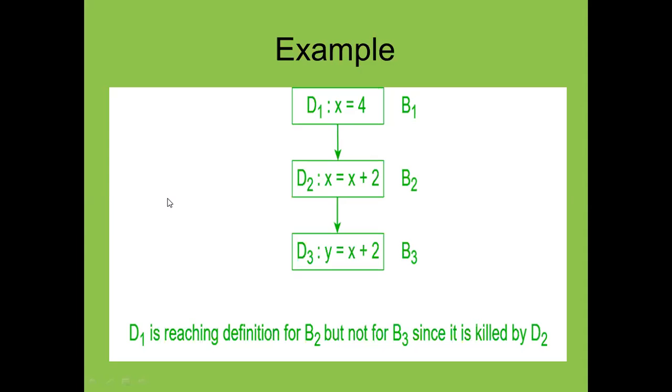So we can say that it is killed by D2, and y is the new variable which we have never defined earlier. So again here we can choose the value, either we can consider again 4, because initially it is defined 4, or either 6.